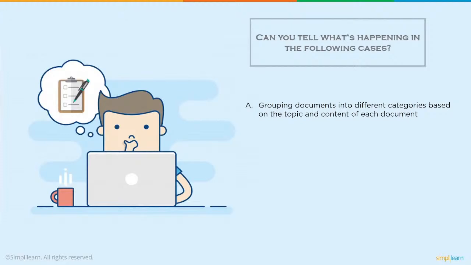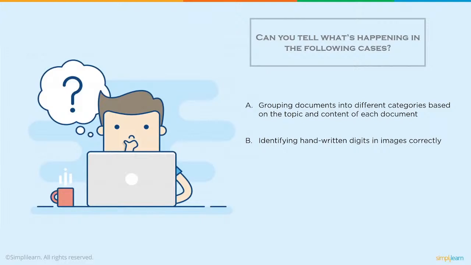So the first one is grouping documents into different categories based on the topic and content of each document. Very big these days. You have legal documents, maybe sports documents, maybe you're analyzing newspaper postings. But certainly having that automated is a huge thing in today's world. B, identifying handwritten digits in images correctly.